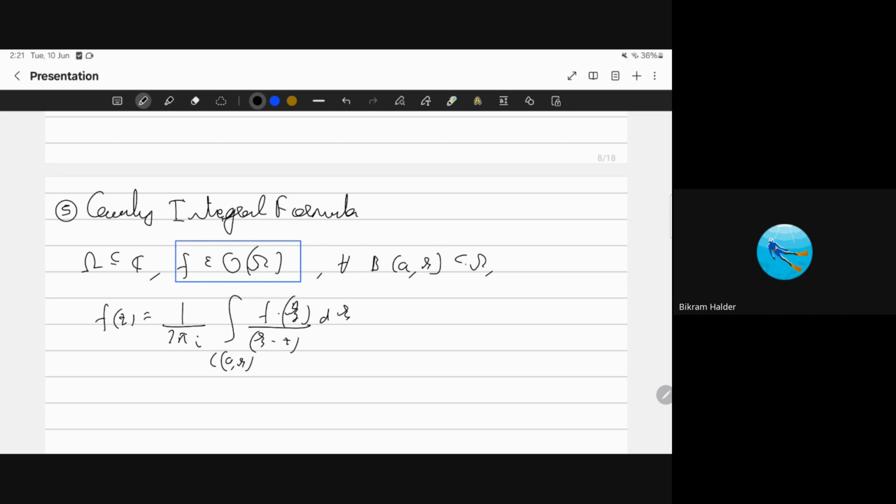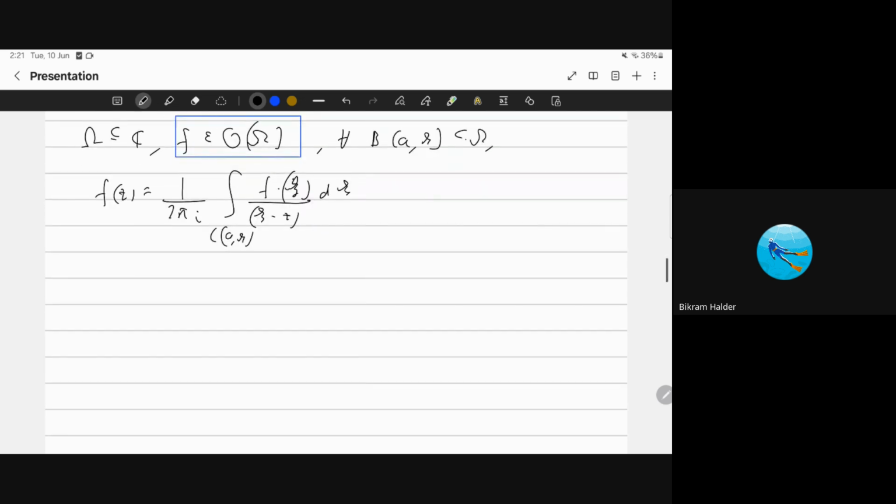So this holds for all z in the ball. If the domain is simply connected, and the boundary of the ball is homotopy equivalent to the boundary of the entire domain, that means I can deform the boundary of the ball to the boundary of the domain.